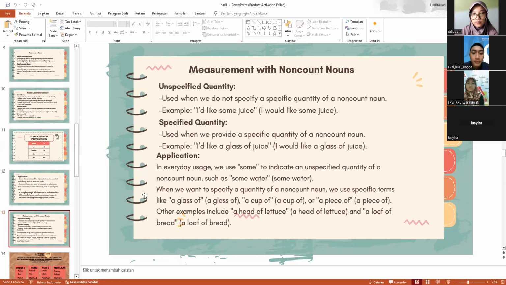When we want to specify a quantity of a non-count noun, we use specific terms like a glass of, a cup of, or a piece of. Other examples include a head of lettuce and a loaf of bread.